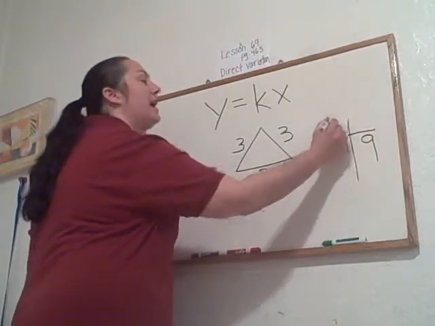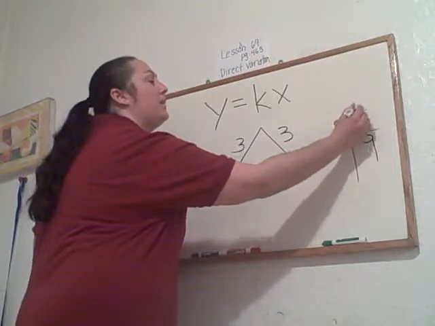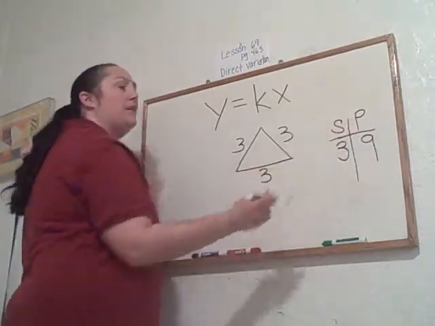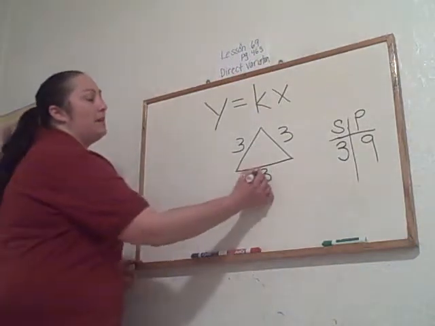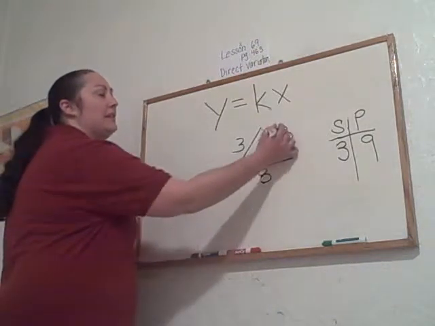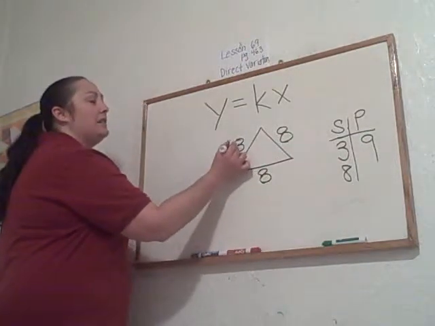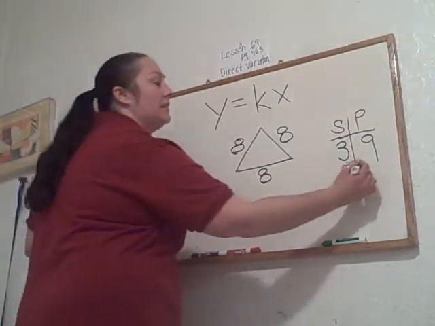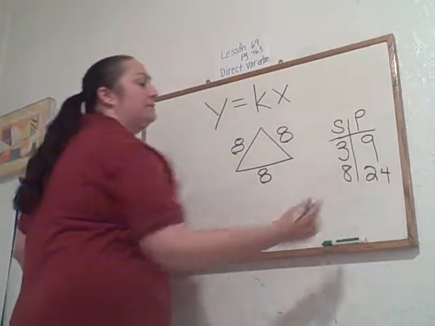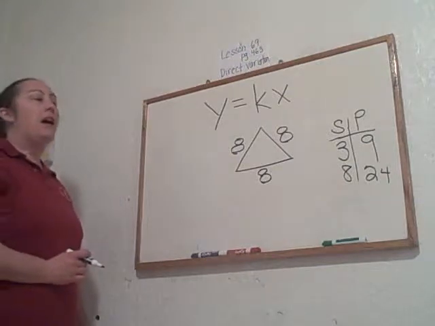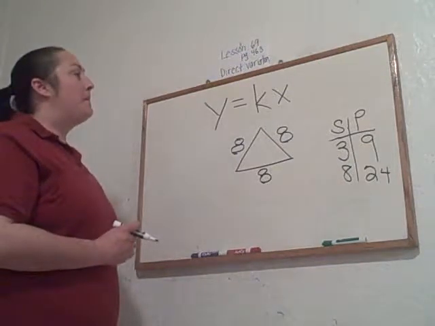Here we would have the sides of the triangle, and here we would have the perimeter. If the side is 3, then the perimeter is 9. Well, how about if the sides are 8? If the sides are 8, then the perimeter is 24. Another example of direct variation.